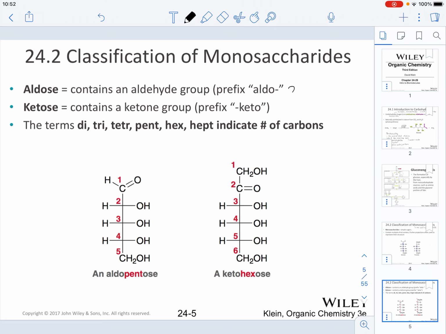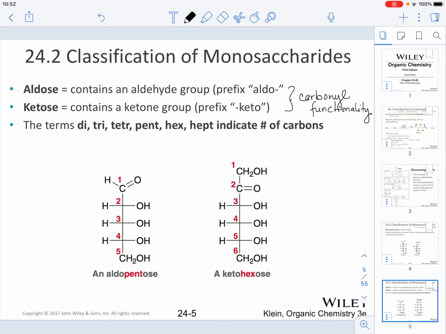So, depending on the carbonyl functionality, which is the first 2 bullet points, you can classify sugars, monosaccharides, as aldose if it has an aldehyde and as a ketose if it has a ketone group.